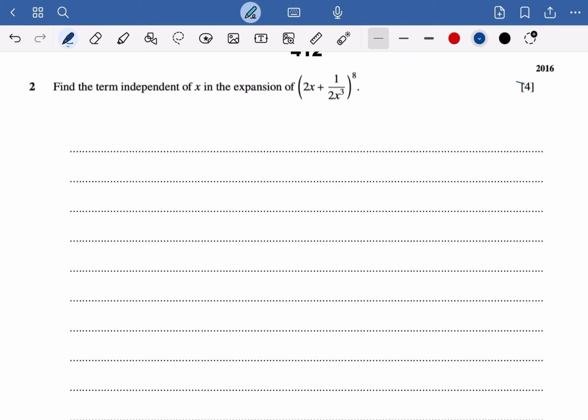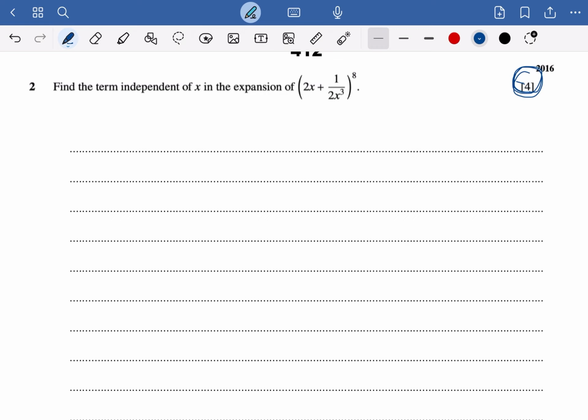It's 4 marks. So like I always tell my students, we have a maximum of 4.5 minutes to solve if you divide per question. So let's say we are doing this in 4 minutes. Some students use the formula, they find r, then they substitute r. If you know that and you're very confident in doing that, 100% you're right.